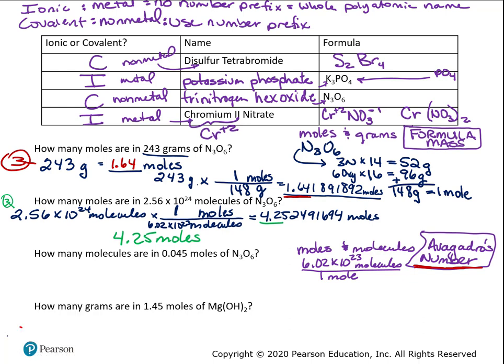How many molecules are in 0.45 moles of N3O6? What do I start with? So, 0.45 moles times in a line. What goes on the bottom? Moles on the bottom and, yep, what I want on top. So if you see moles and molecules, you know you're just going to use Avogadro's number. 6.02 times 10 to the 23rd goes on top.